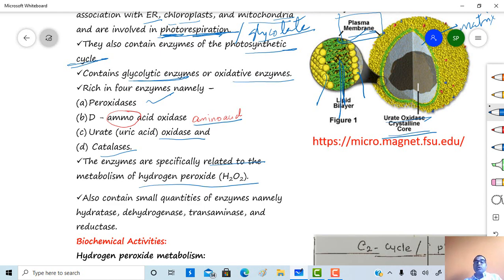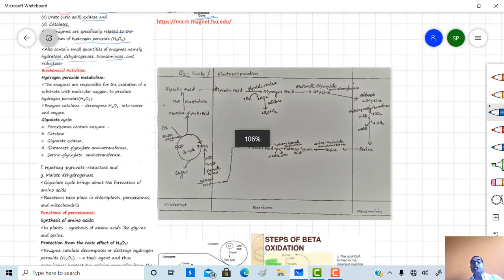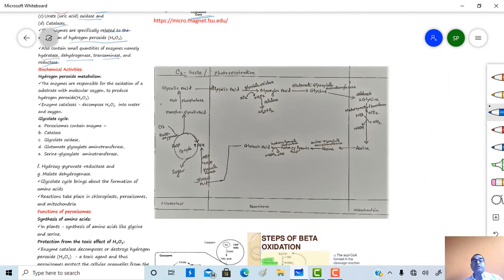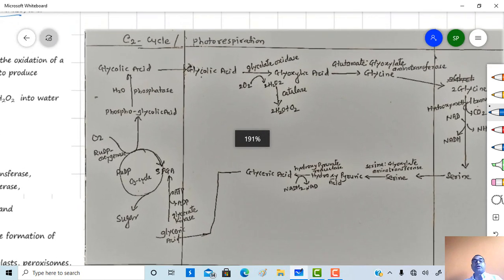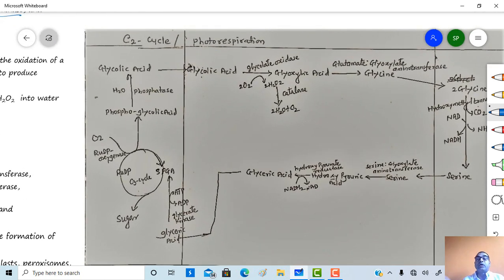This also contains small quantities of enzymes, namely hydratase, dehydrogenase, transaminase, as well as reductase. So just see, this one is photorespiration, also called the C2 cycle, or glycolate metabolism.